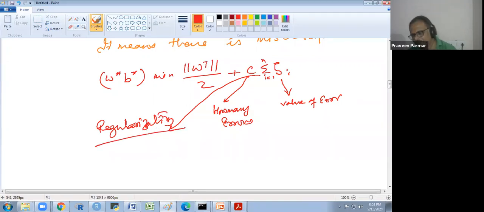Okay, so we will see practically how it works now. I will not go into too much detail because it is totally mathematical. Is there any doubt?